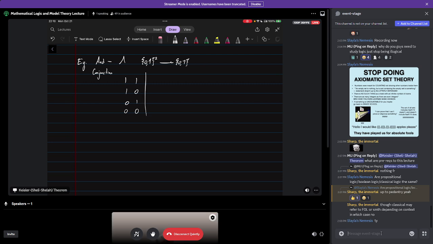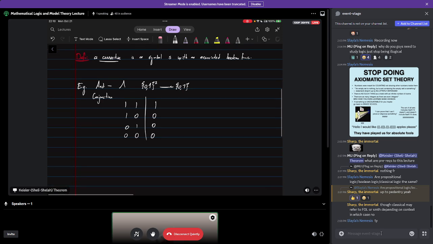And the outputs: 1 and 1 is going to be 1, because if I say the sky is blue and clouds are grayish white, that's a true statement. But if I say the sky is blue and clouds are purple, that's a false statement. So true and false is false. False and true is similarly going to be false, and false and false is also going to be false.